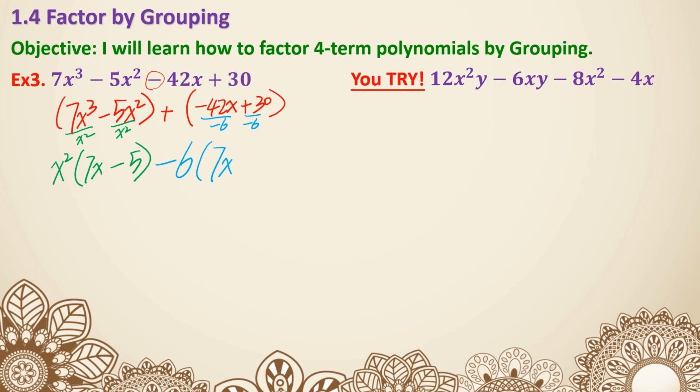The 30 divided by -6 is a -5. Again, inside the parentheses, they are the same, so I can leave that on the back. As for the front, I can just write down what I still have left without the 7x minus 5. I still have an x squared, and I still have a -6. There we go. That's example 3.